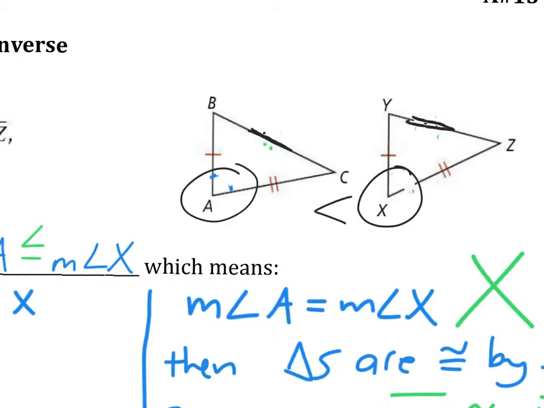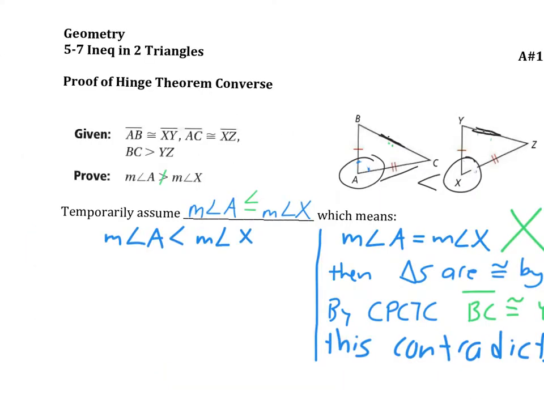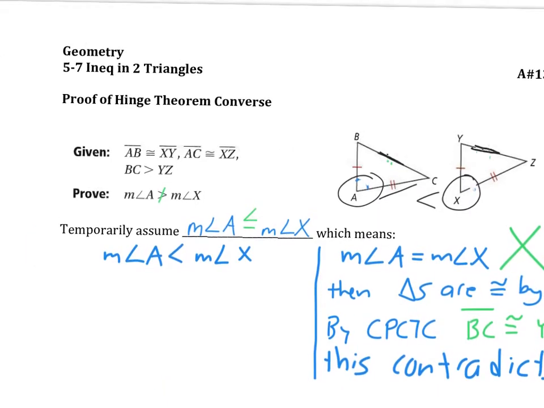So that's what we're trying to work with. Then, by the Hinge theorem, that means that YZ has to be greater than BC.